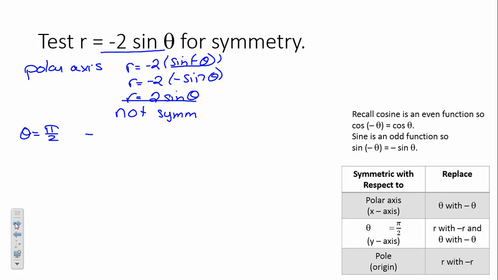So it's now negative r equals -2 times the sine of negative theta. And then we simplify. Our negative r will be -2 times the sine of negative theta, since it's an odd function, is going to be a negative sine of theta.